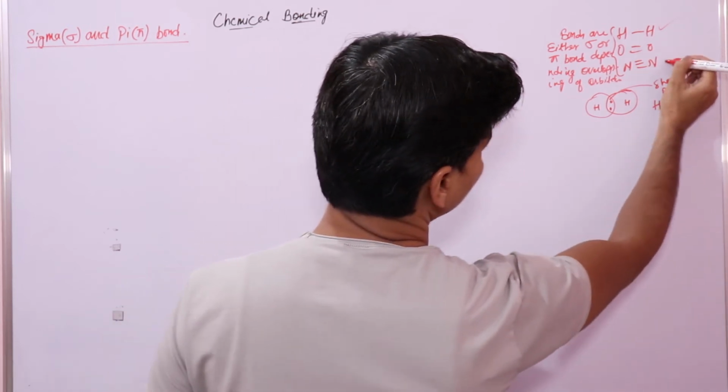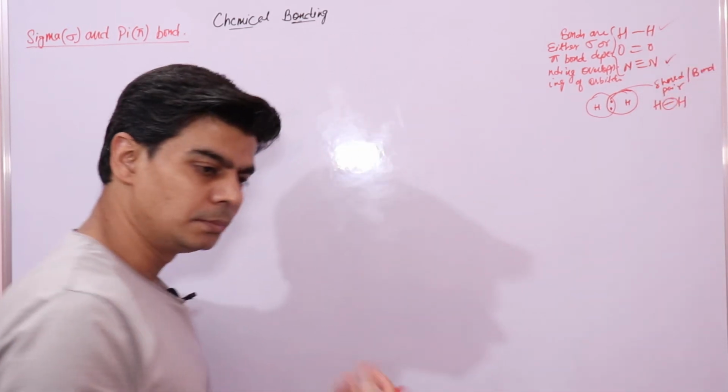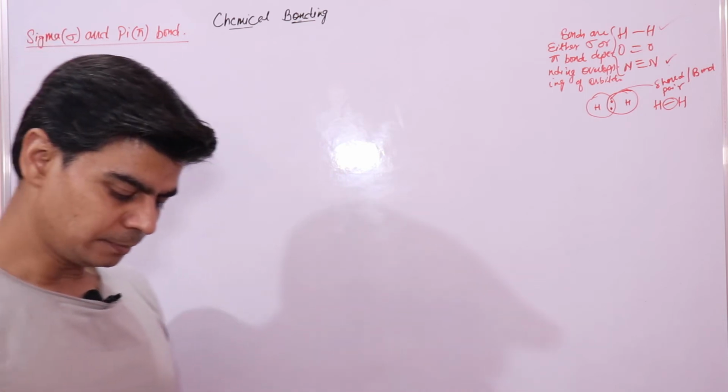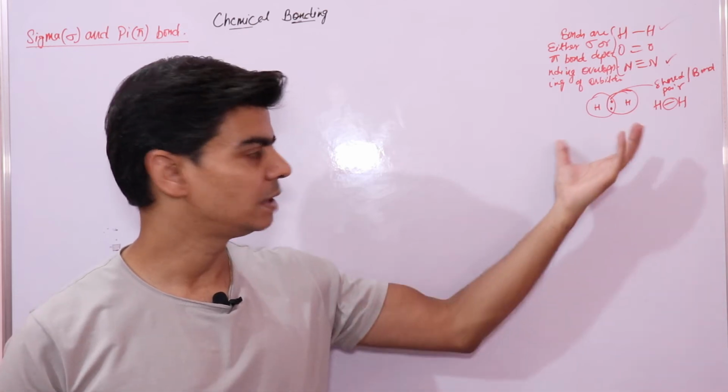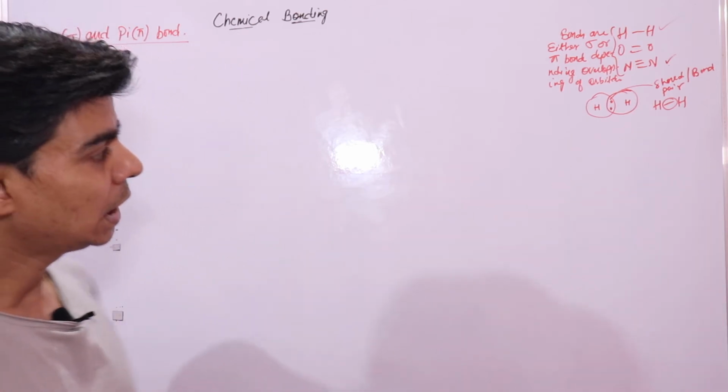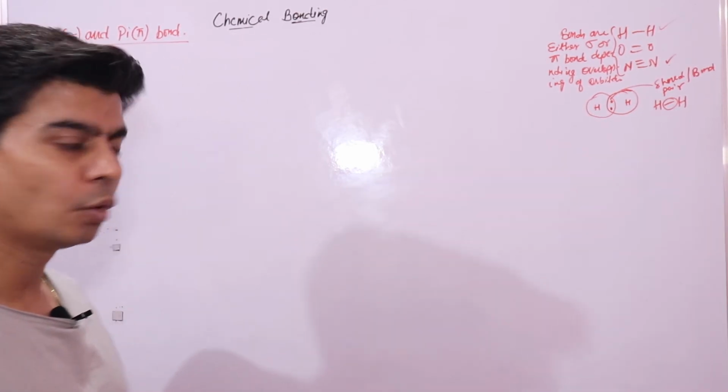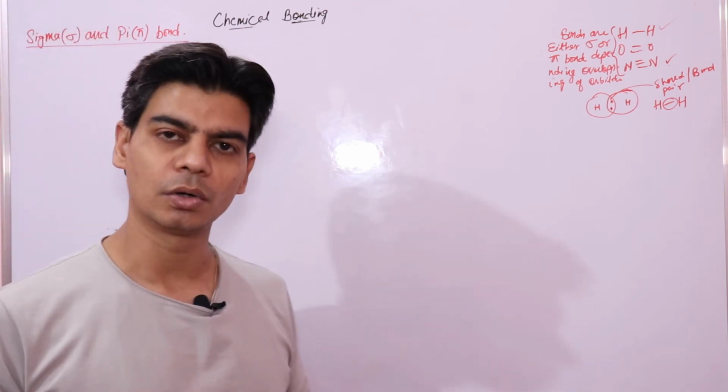In the case of nitrogen also, depending on the orbitals, the orbitals will come close to one another and form a bond, same as this. So what is actually happening is that overlapping takes place when a bond is formed.